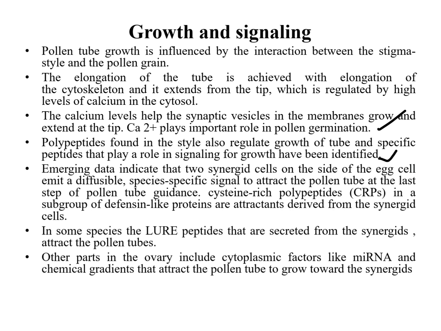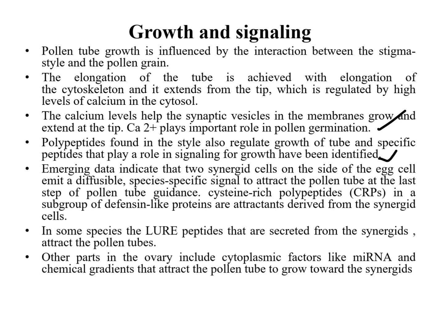Cysteine-rich polypeptides in a subgroup of defensin-like proteins are attractants derived from synergid cells. So synergids release chemicals which attract the pollen tube inside the embryo sac.